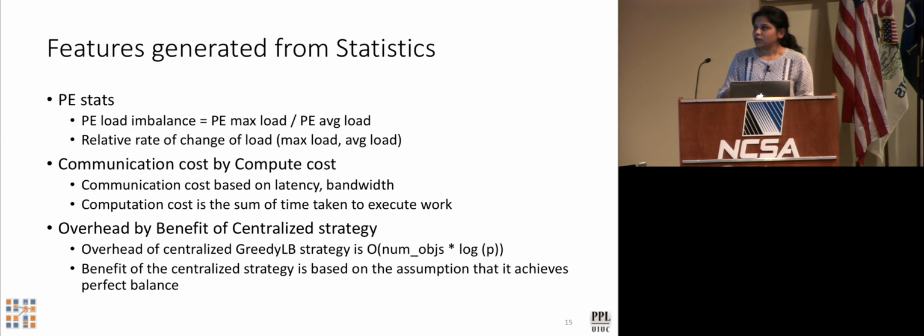And then communication cost by computation cost is something that we also generated as a feature. In addition, the overhead of centralized greedy, overhead versus benefit, is another characteristic that needs to go in. We theoretically compute the overhead of the greedy strategy in general because when an application is running, it doesn't really know how long it took to run the greedy strategy, so we have to compute it based on the number of objects and the number of processors.